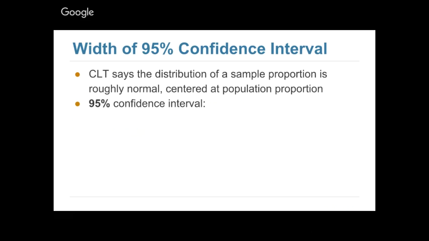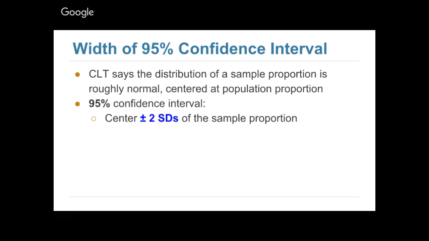Because it's normal, the middle 95% will be the center plus minus 2 standard deviations. I can say that because I know that distribution of values is going to be roughly normal. So my confidence interval will be the center of my distribution plus minus 2 standard deviations. That will give me about 95% of the area.